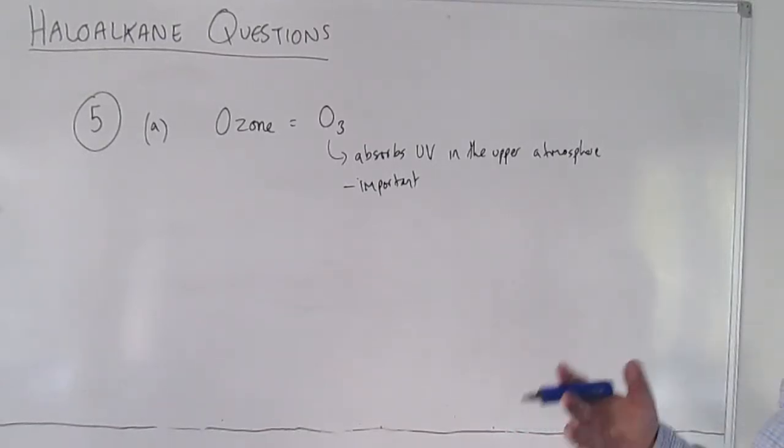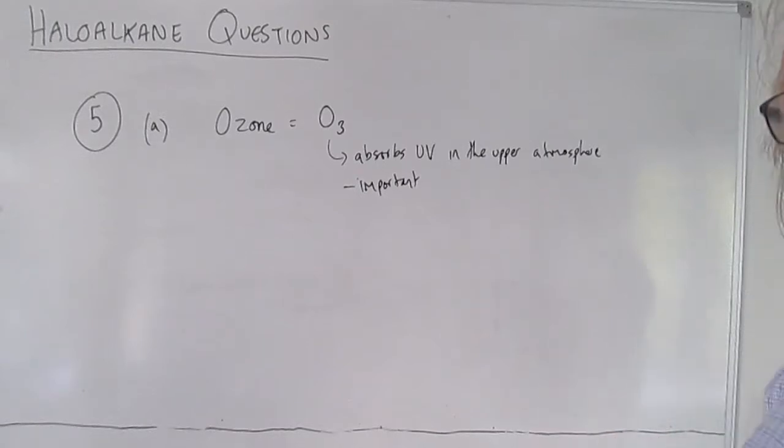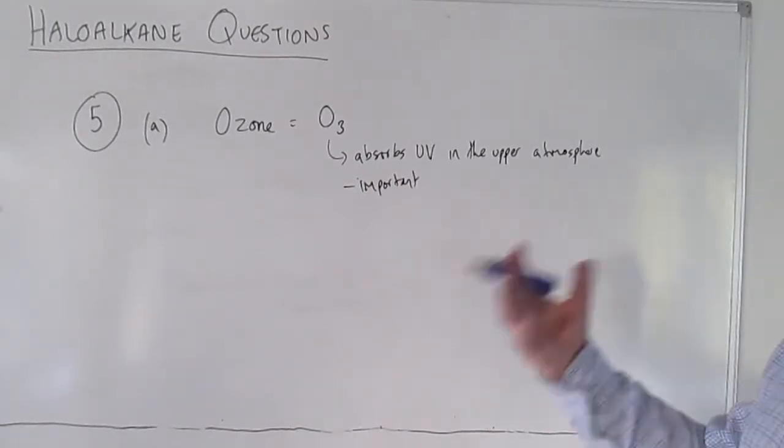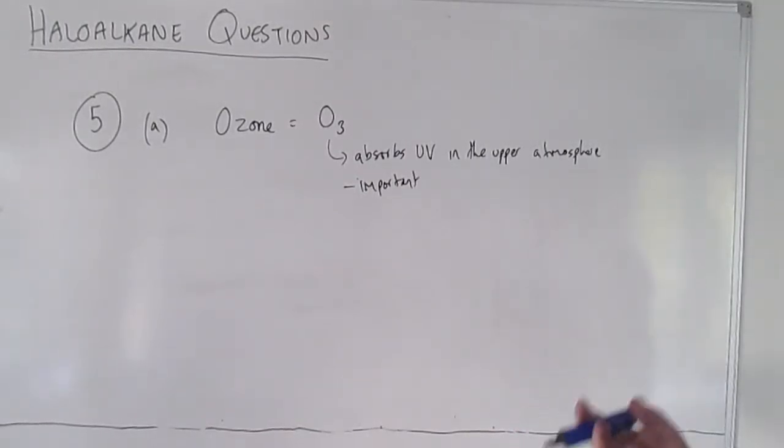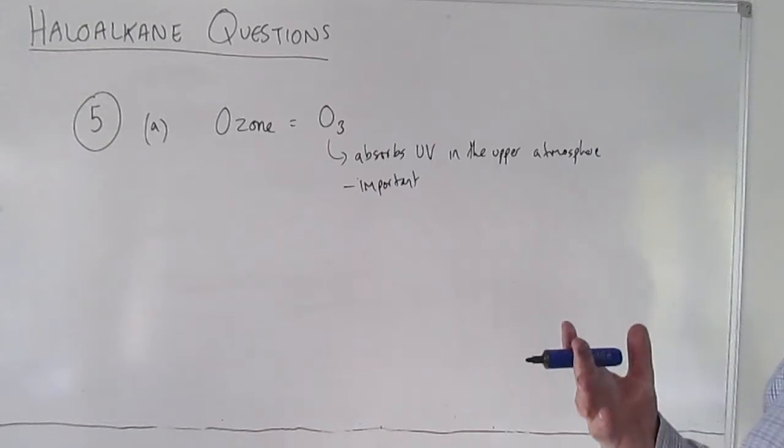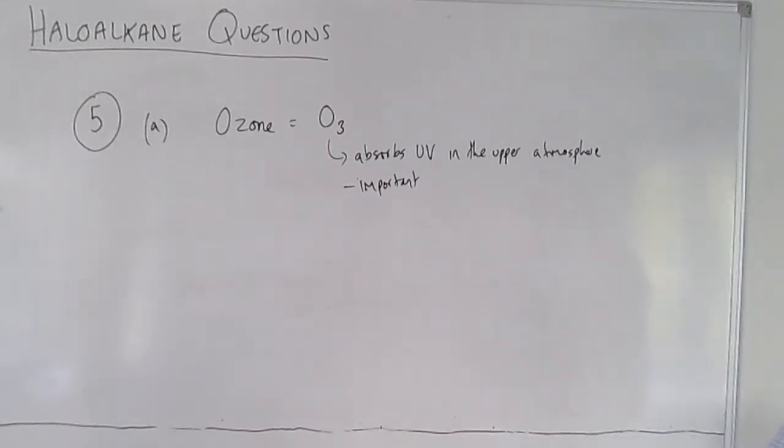And if the DNA gets damaged, the genetic code is compromised, so you don't have stable life forms, essentially, in that case. And certainly in the short term, what it would tend to mean is that we would get a lot of cancers, particularly things like skin cancers.